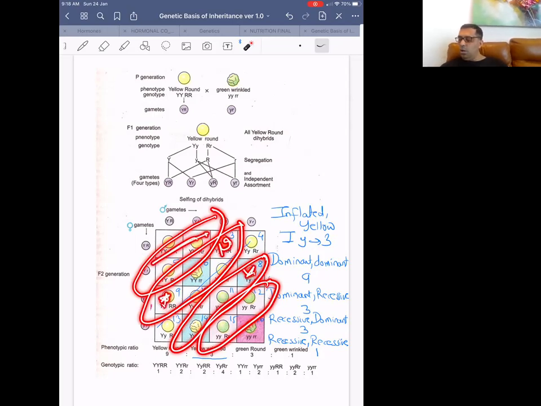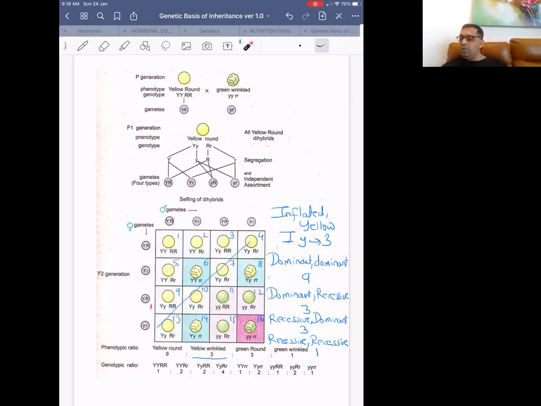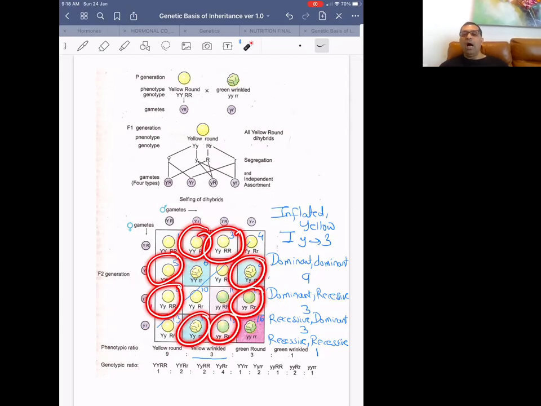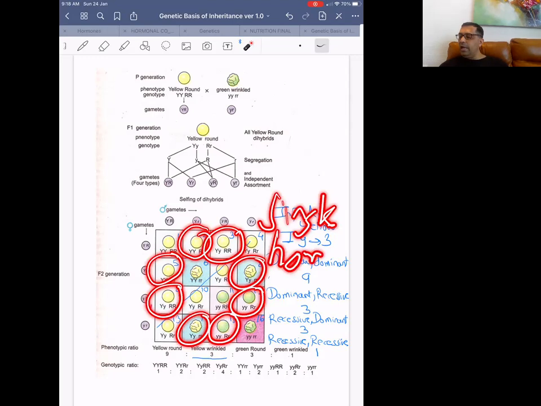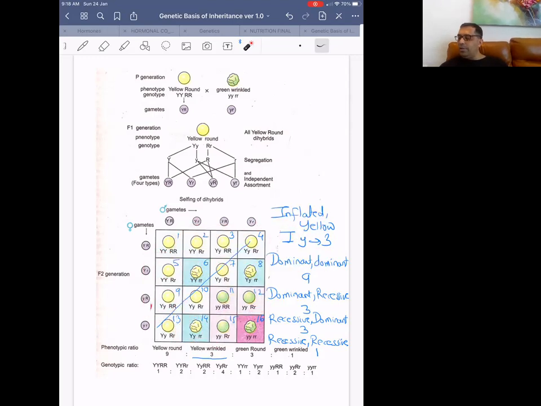In other words, second and fifth, third and ninth, eighth and 14th, and 12th and 15th are single homozygous, single heterozygous.